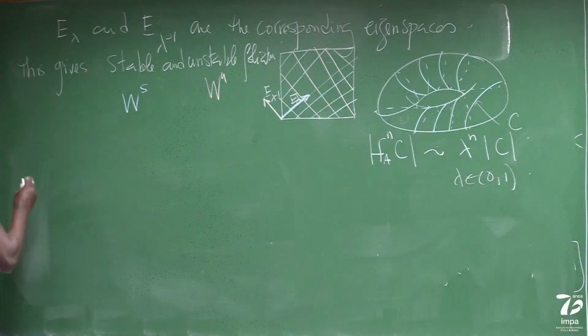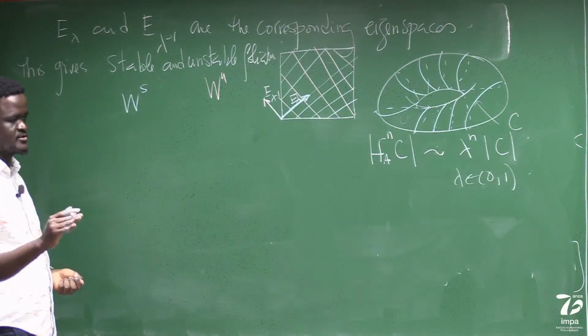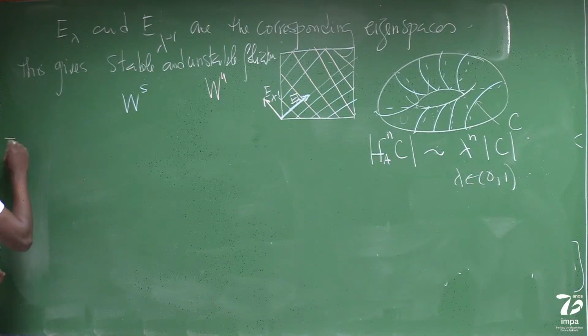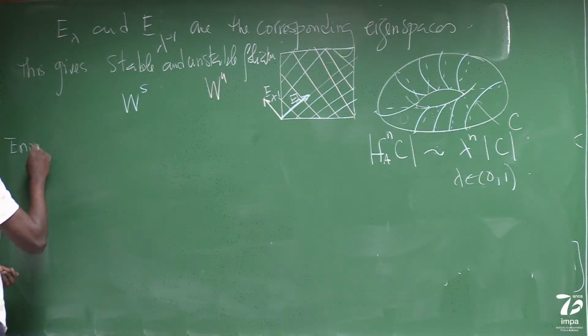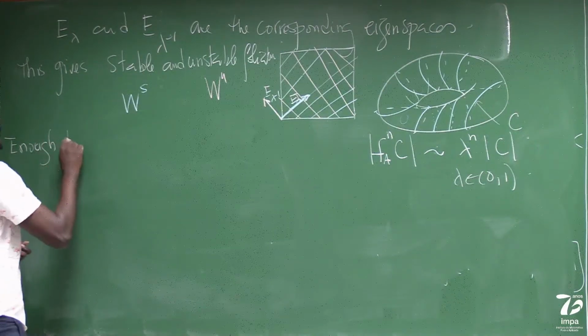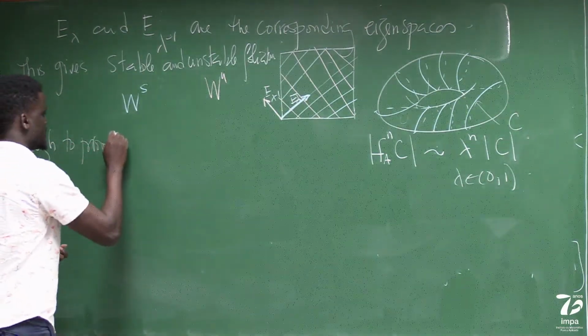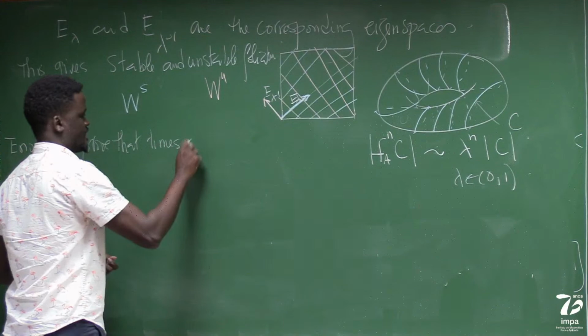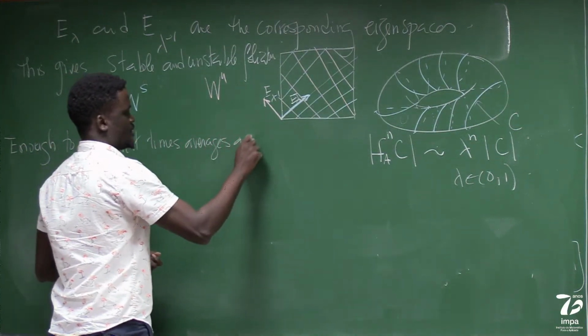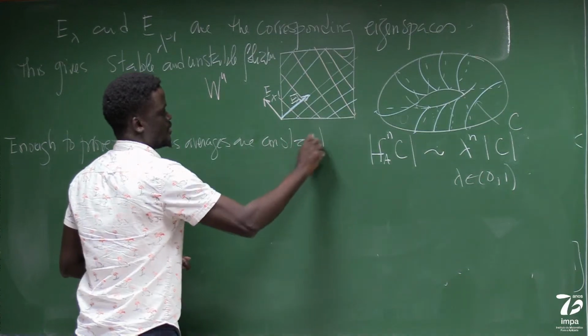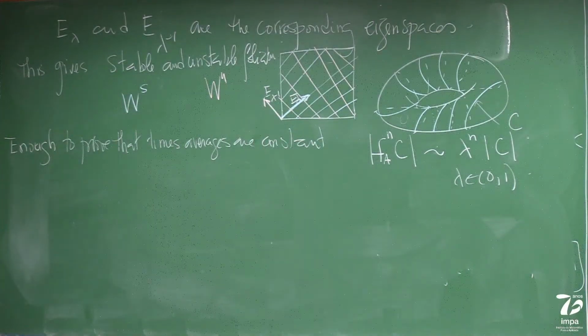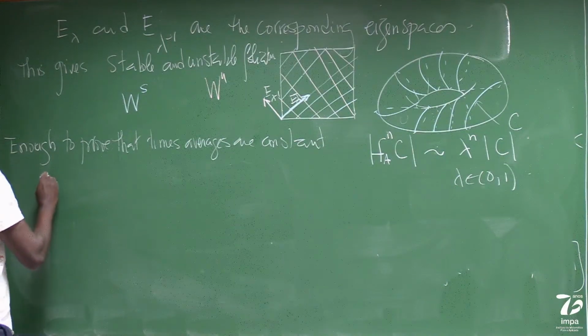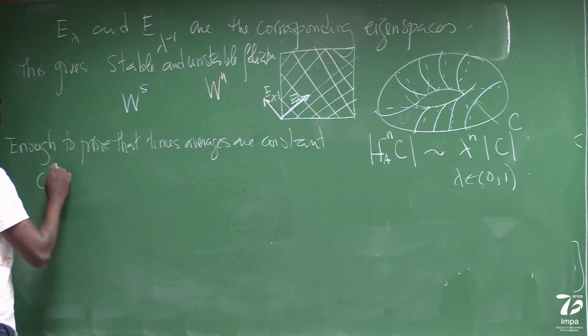So to prove ergodicity, it is enough to prove that the time averages are constant almost everywhere. So for that, let's write phi plus.